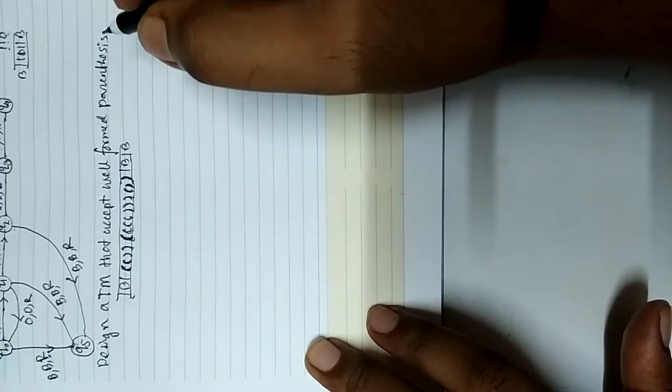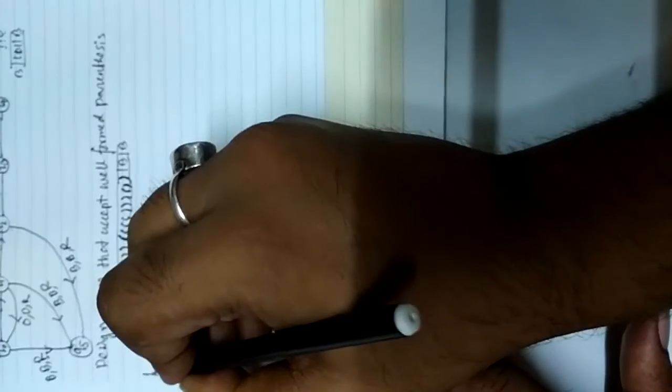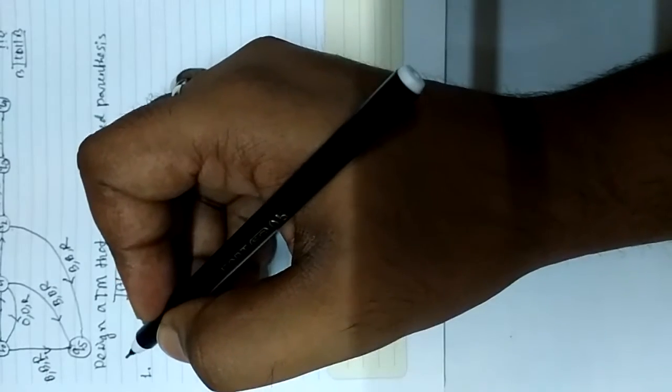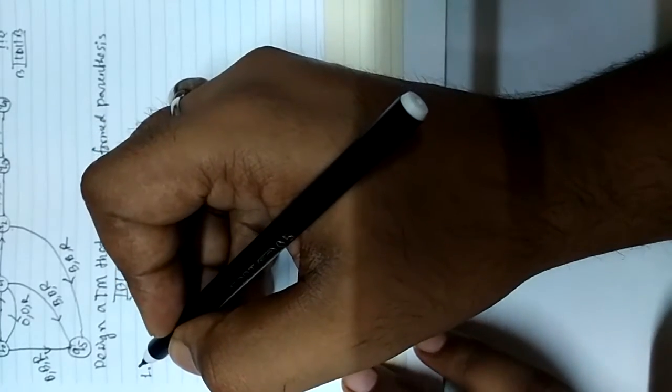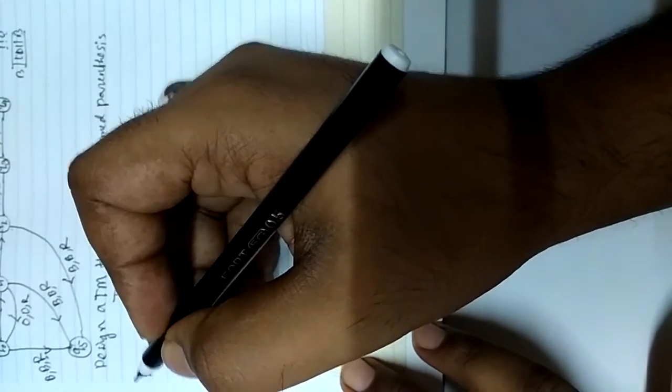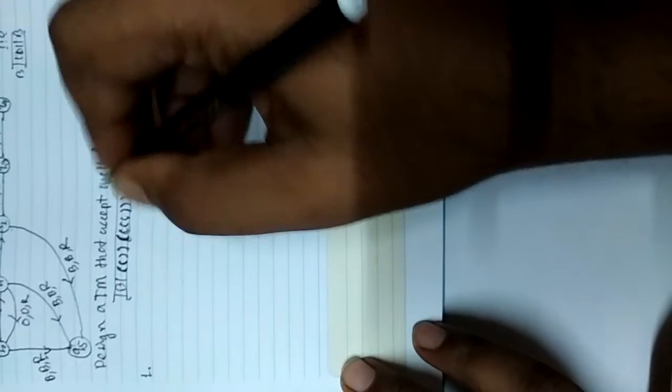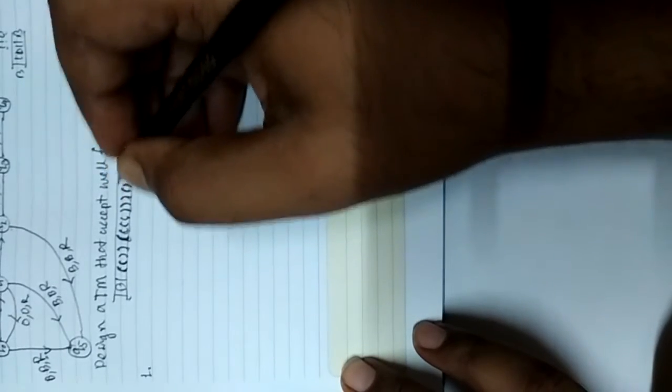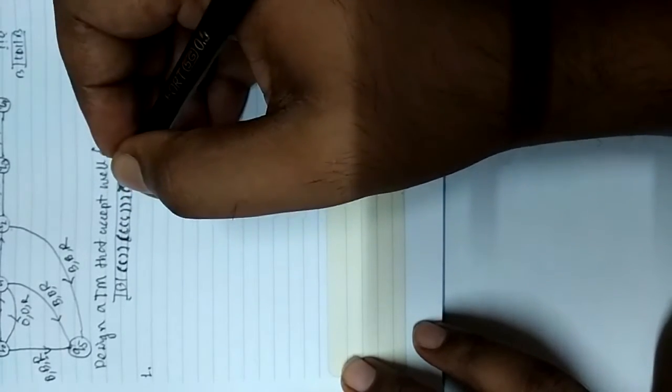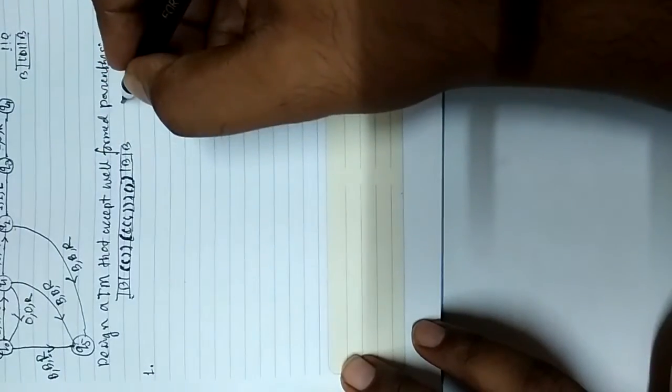So what is the algorithm behind it? What will be our working procedure? From the initial state, move to the right till you get the first closing brace. Okay, so you get the first right parenthesis and replace that parenthesis with, suppose, star.